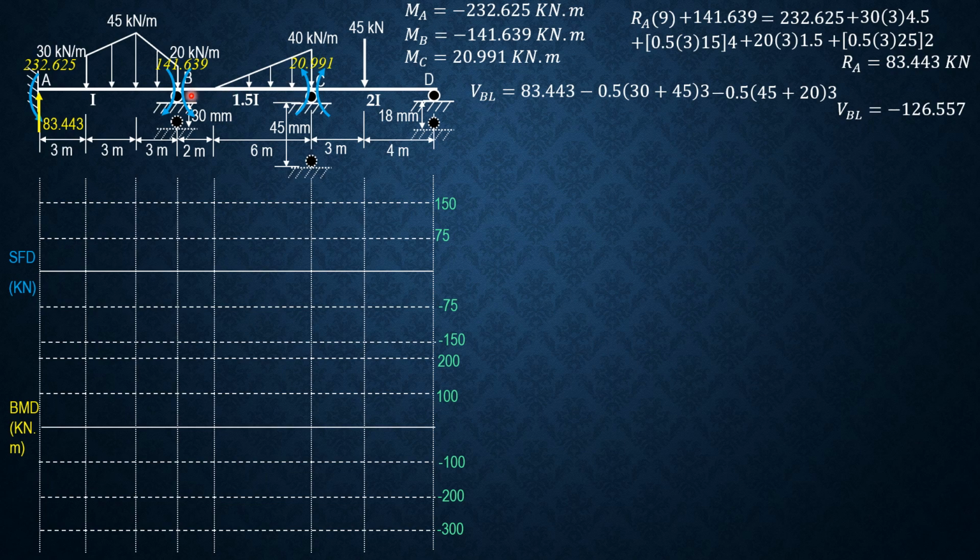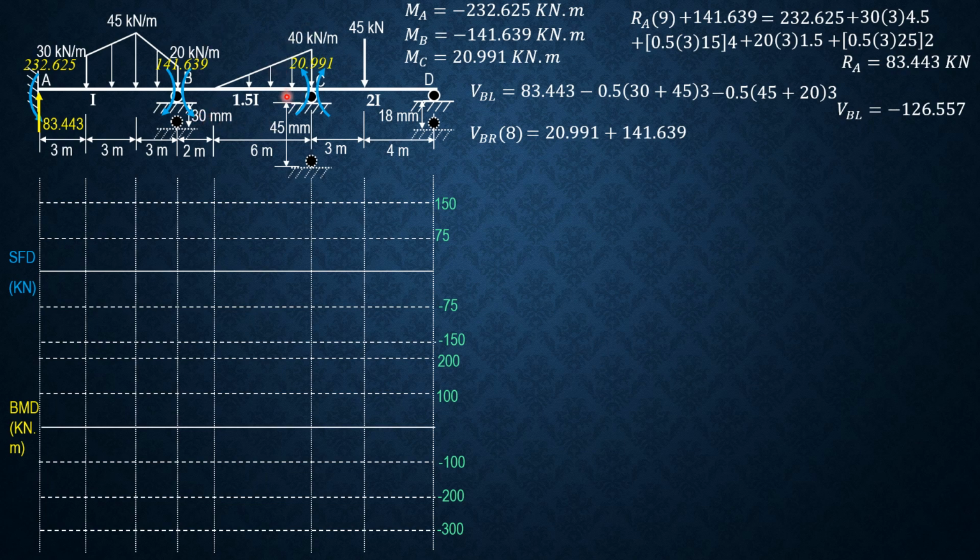Then for shear just to the right of B, we consider BC, summation moment about C equals 0. Take note considering BC, shear at B just to the right is positive upward, that's the sign convention, times 8 equals 20.991 plus 141.639.